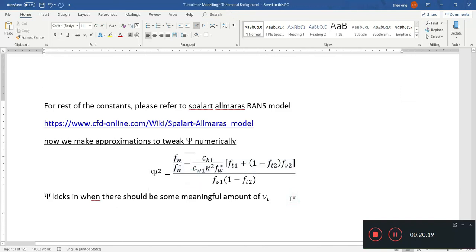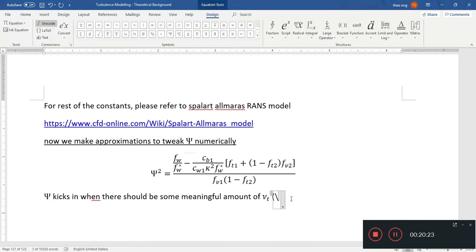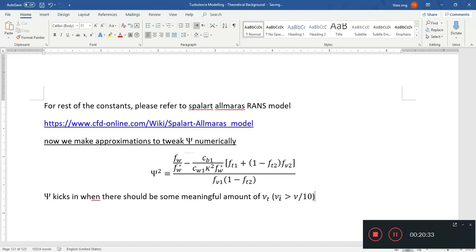But what is a meaningful amount of eddy viscosity? This eddy viscosity should be more than nu divided by 10. Anything below that means the eddy viscosity is almost negligible, getting into the negligible zone.